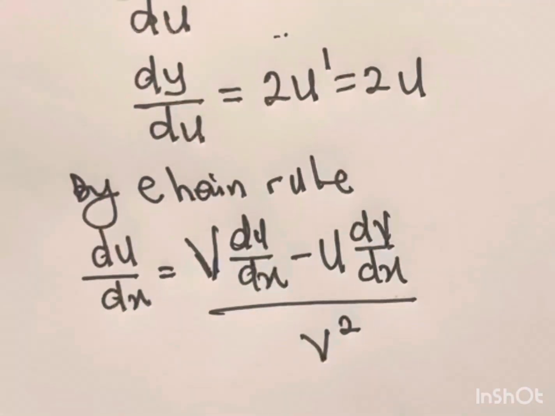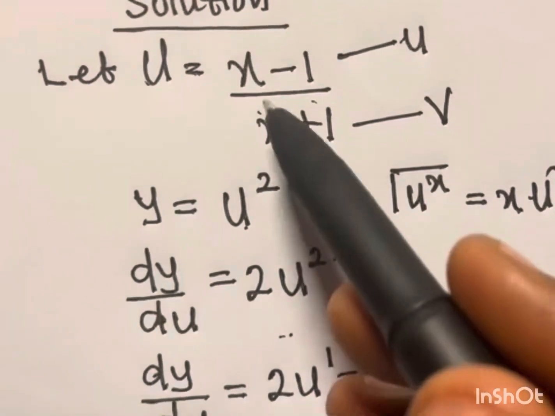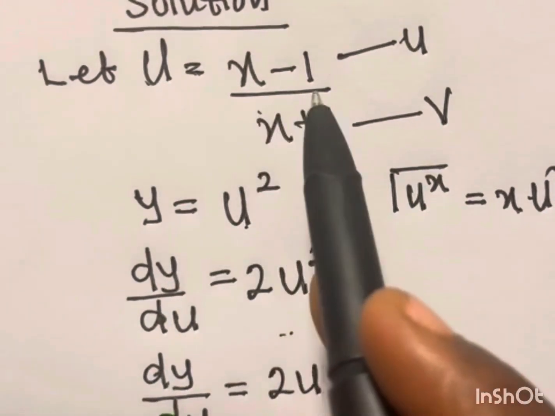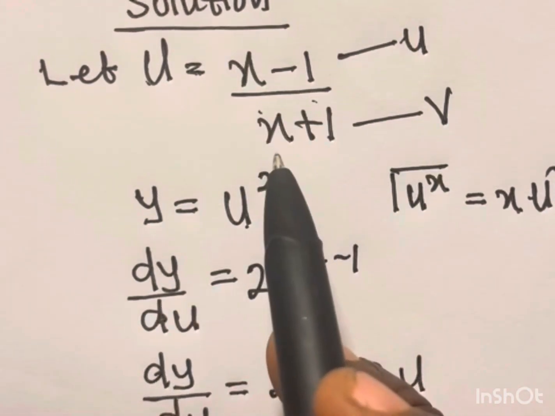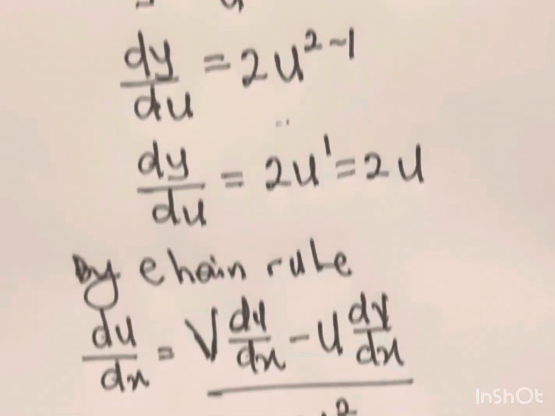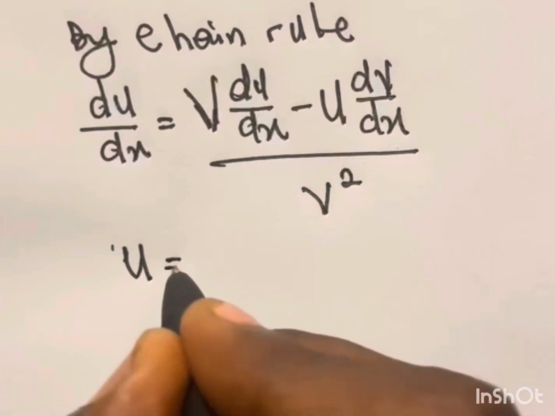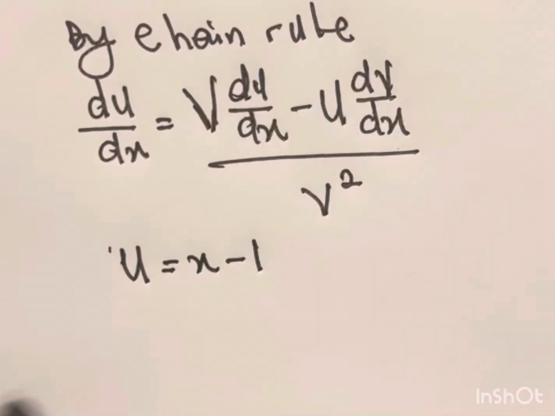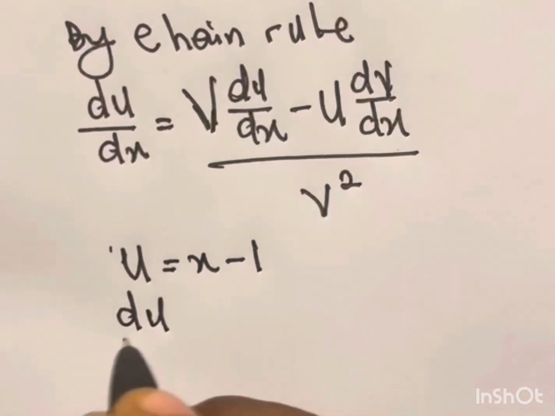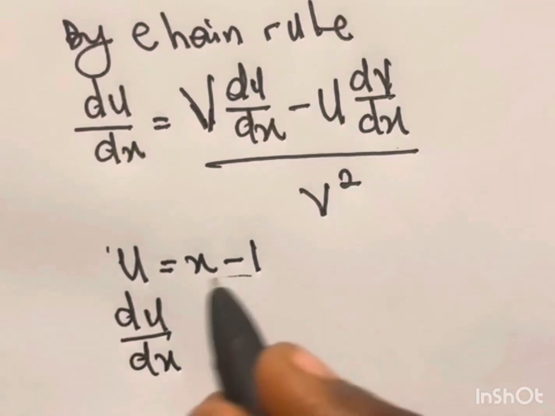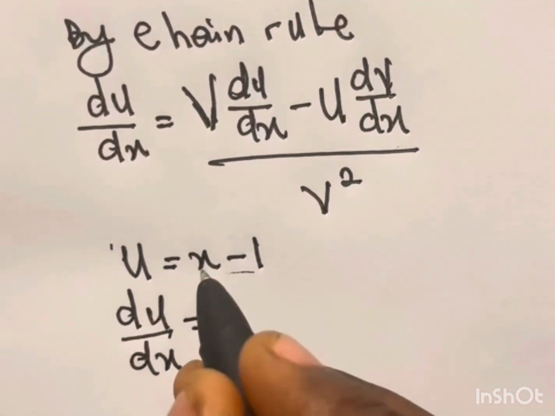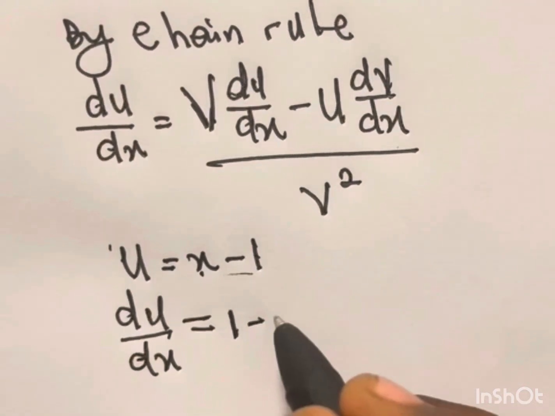Let's recall from this that our u is equal to x minus 1 and our v is equal to x plus 1. Since u is x minus 1, du/dx is the differential of x, which is 1, and the differential of 1, which is 0.